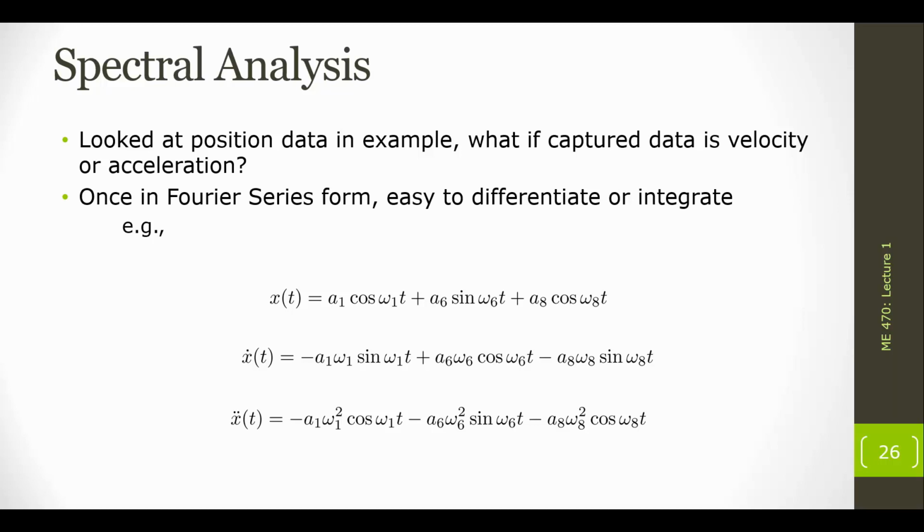So if we have acceleration and we want to go to the velocity terms, we have to make sure that we are dividing by the appropriate frequencies for each term. If we want to then go from velocity to position, we need to again divide each of those coefficients by its corresponding frequency, because otherwise we're going to get a skewed value when we're comparing the strength of our frequencies.